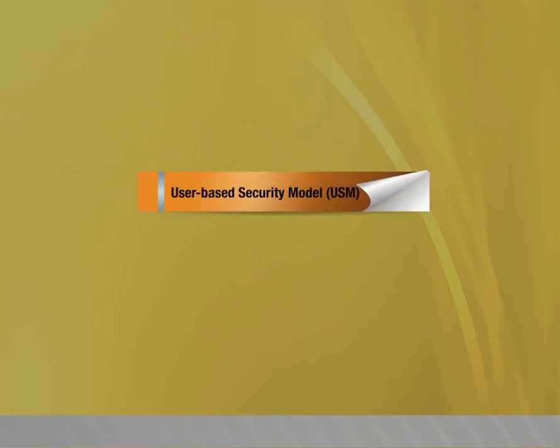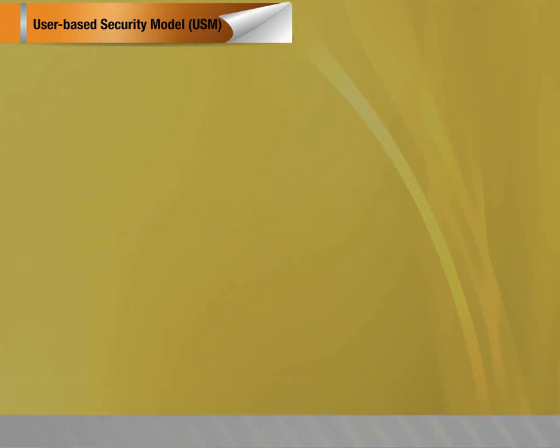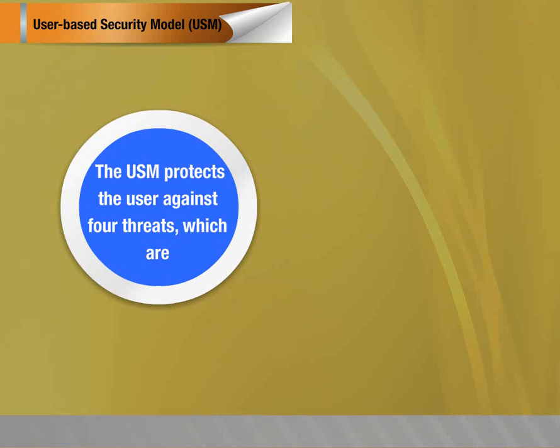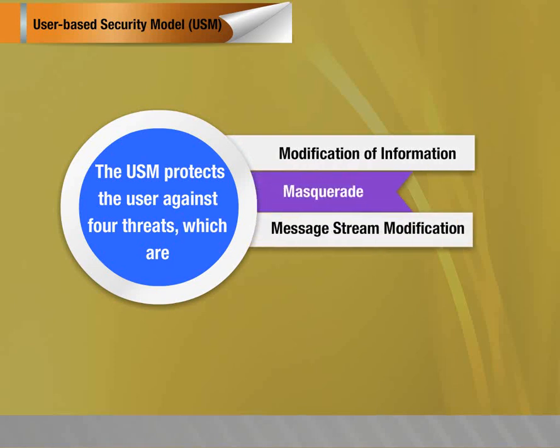User-based security model, USM. USM defines the elements of procedure for providing SNMP message level security. The USM protects the user against four threats, which are modification of information, masquerade, message stream modification, and disclosure, optionally.